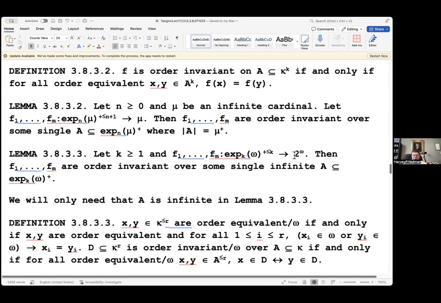And we want to talk about only colorings of size 2 to the omega for our purposes in this subject of invariant maximality.